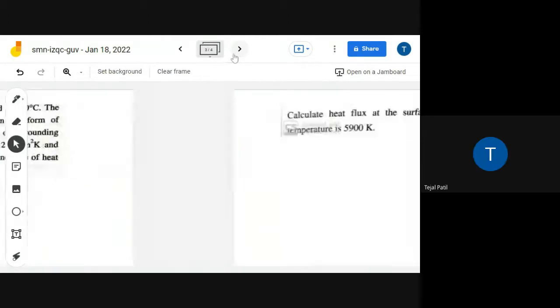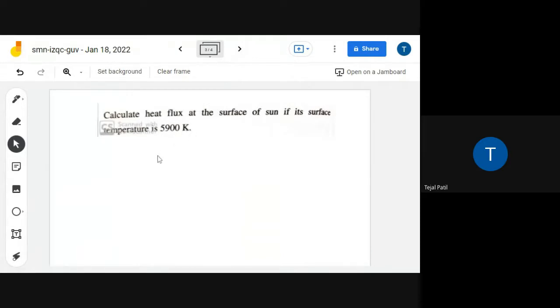Now last one is this one. Calculate the heat flux at the surface of the sun. Its surface temperature is 5,900 Kelvin. It is directly given in Kelvin, so no need to convert it. Now find the heat flux, that means Q by A. How can you do that?